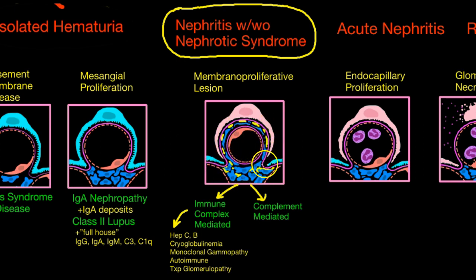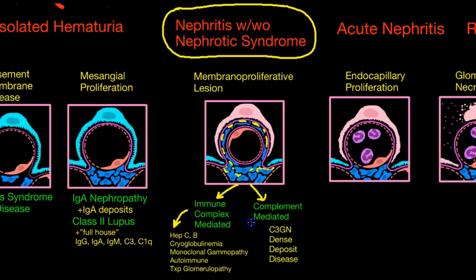And so this can occur, and it's a form of MPGN where we see duplication of the basement membrane and cellular proliferation. So all of these are mediated by subendothelial deposits and mesangial deposits that drives the immune response.